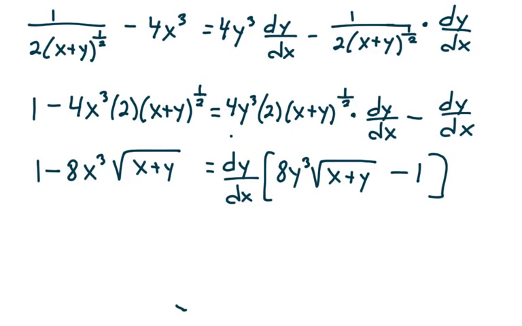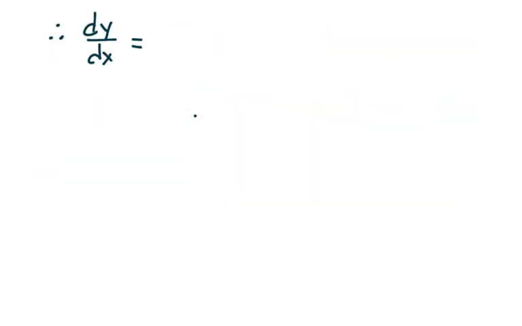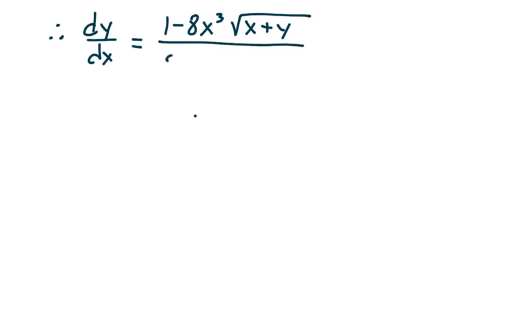So dy dx is 1 minus 8x cubed square root of x plus y divided by 8y cubed square root of x plus y minus 1. And that's how we do number 19.